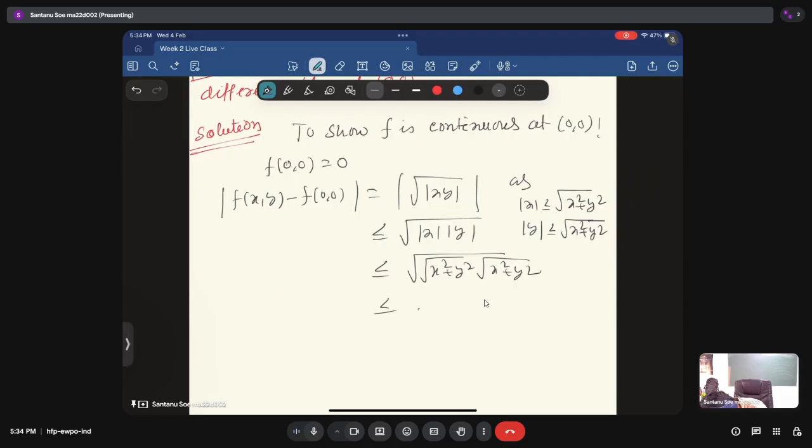So this is less than or equal to square root of x square plus y square.